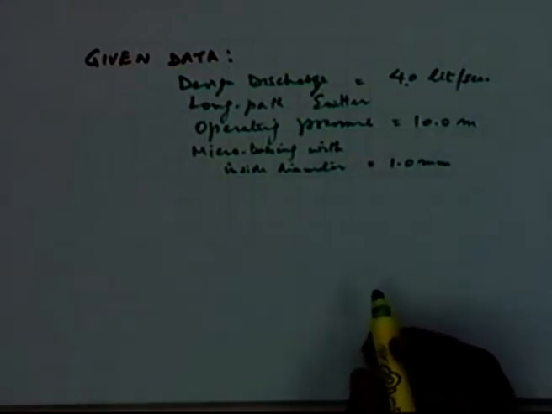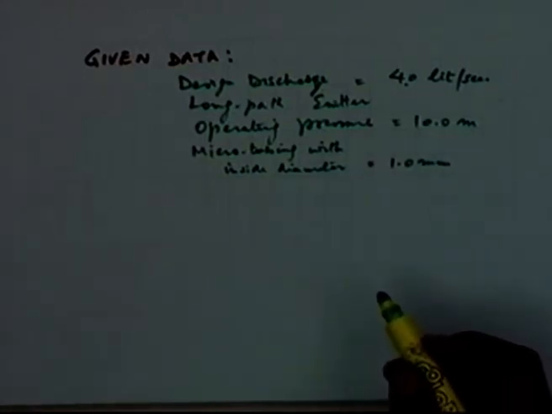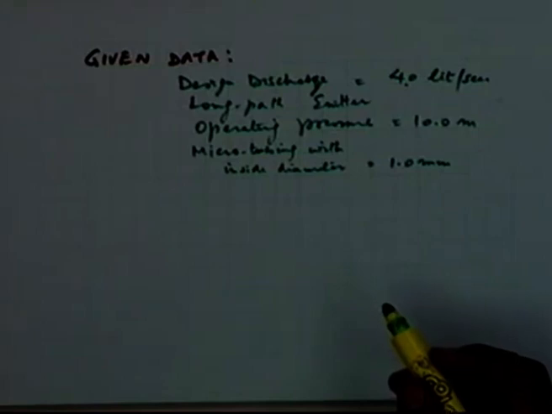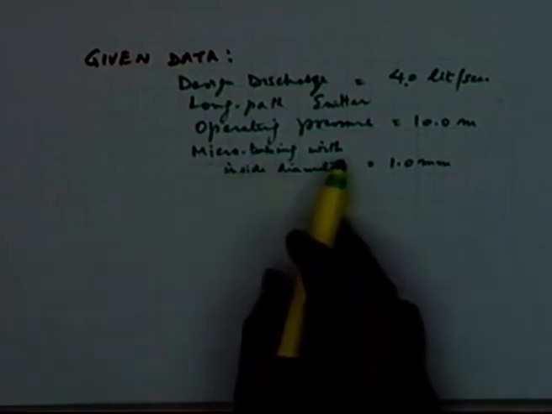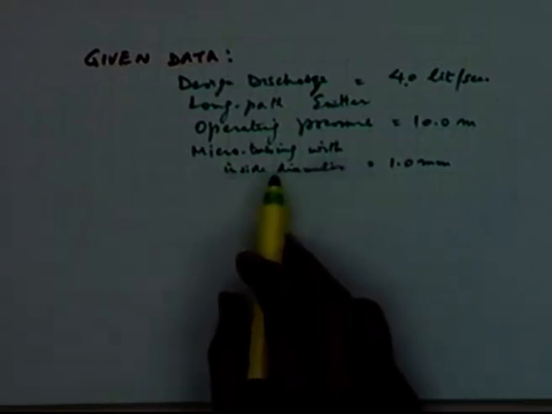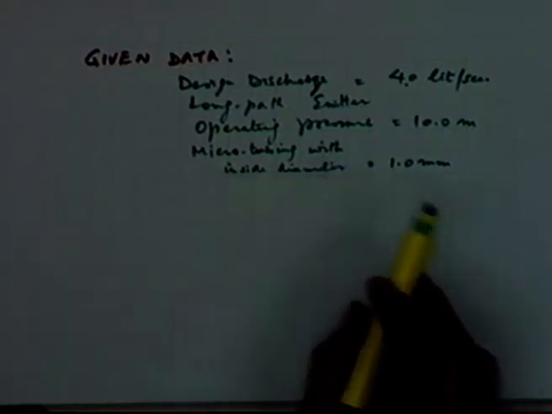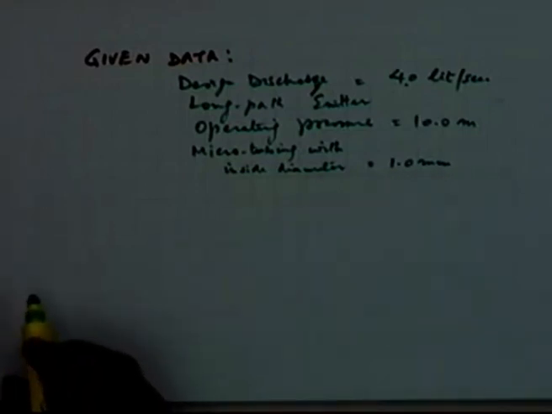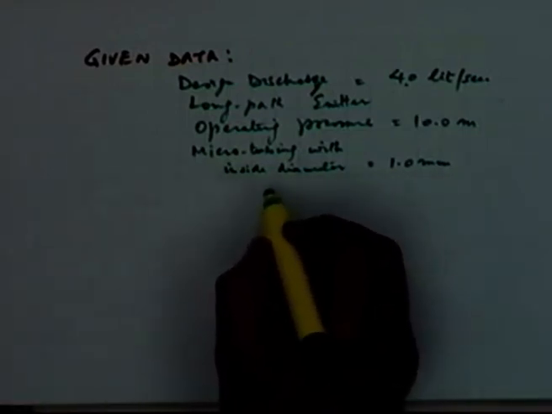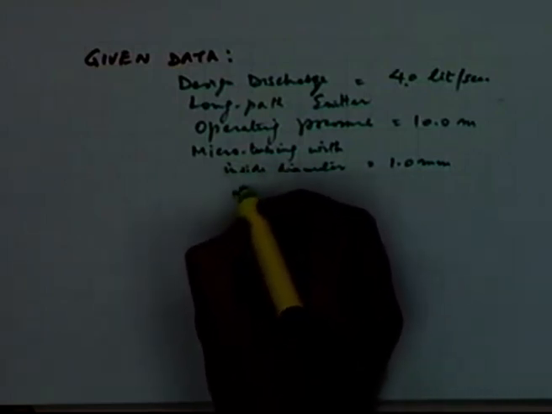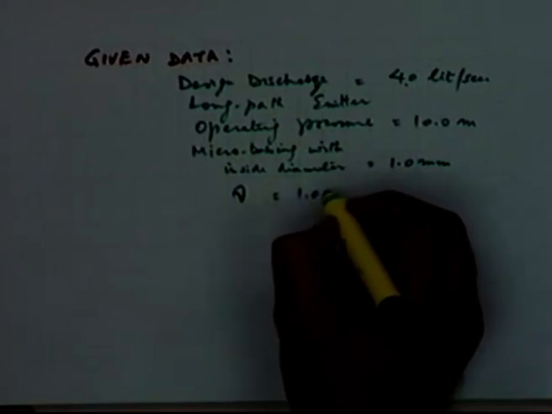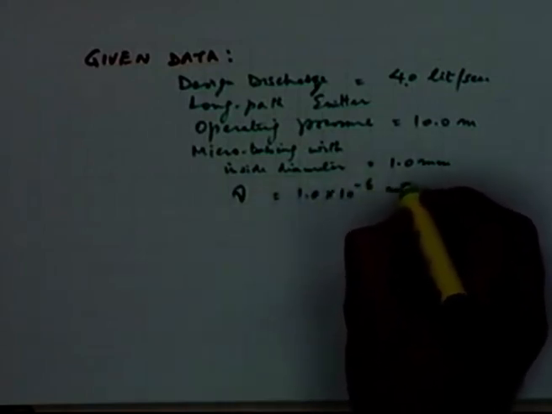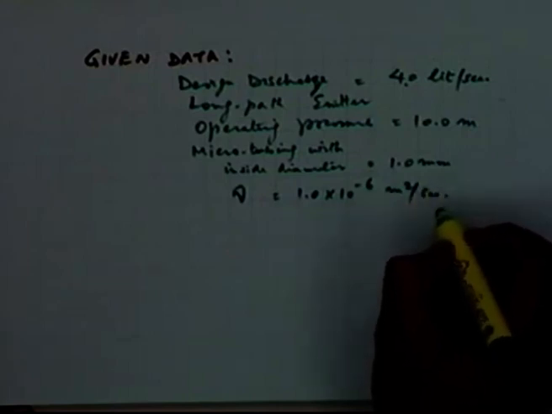When we were discussing the long path emitter, I had just mentioned that at an outlet you can have the micro tubing instead. You can have 1 or 2 micro tubings for the water to leave the emitter. In this particular case, the exit is through the micro tube, which has 1 millimeter of diameter. And then the kinematic viscosity, nu, is taken as 1 into 10 to the power minus 6 meters square per second.